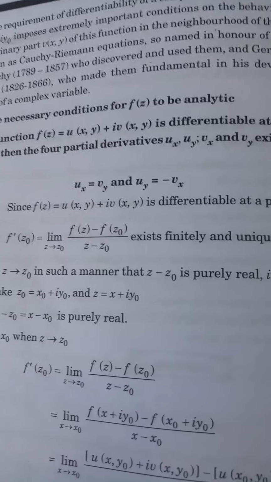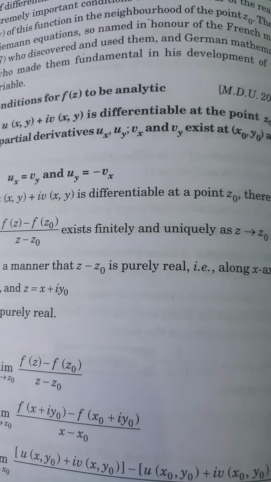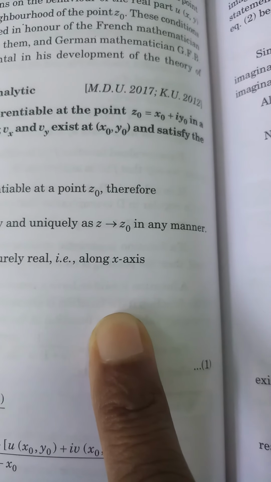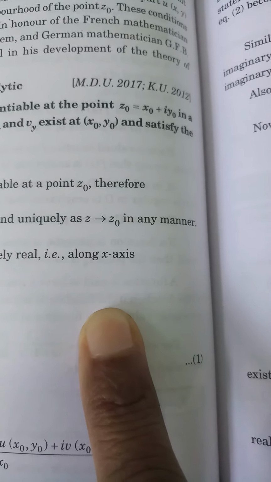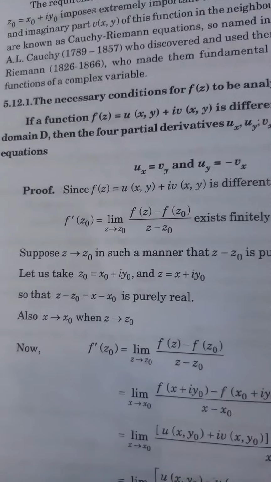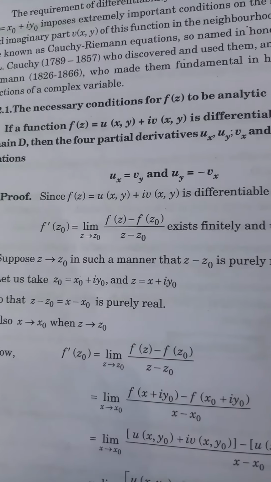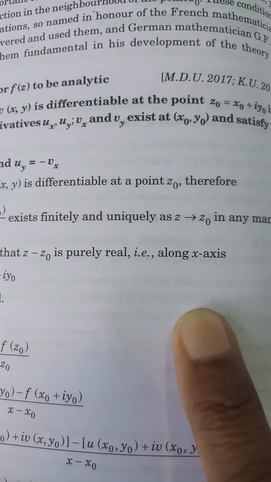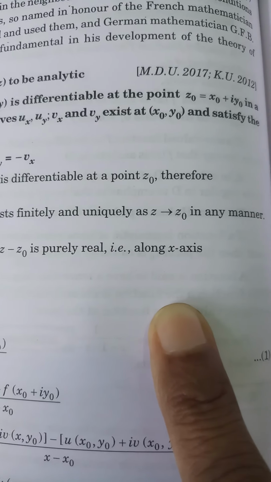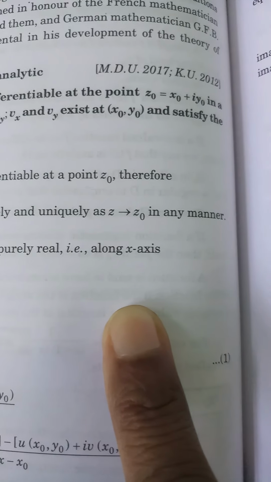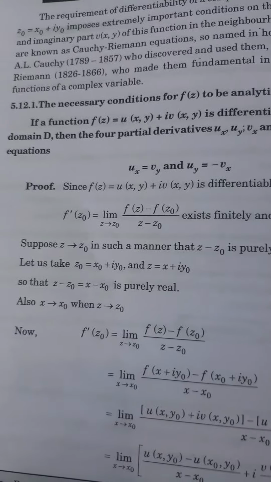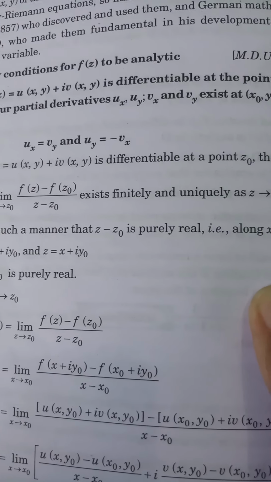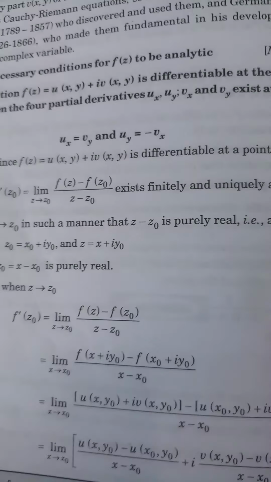If a function f(z) = u(x,y) + iv(x,y) is differentiable at the point z0 = x0 + iy0 in a domain D, then the four partial derivatives ux, uy, vx, vy exist at (x0, y0) and satisfy the equations ux = vy and uy = -vx.